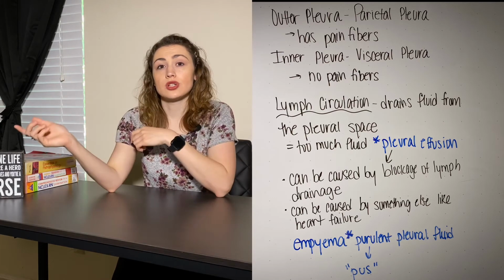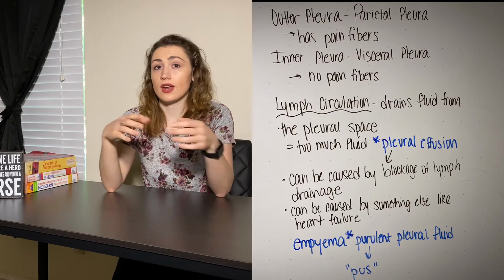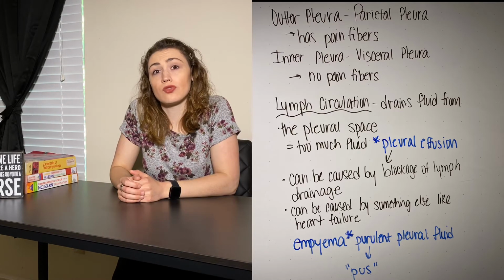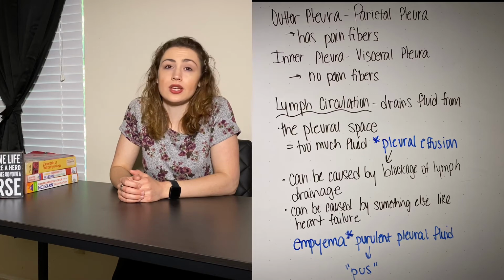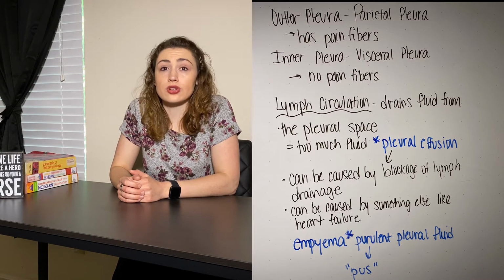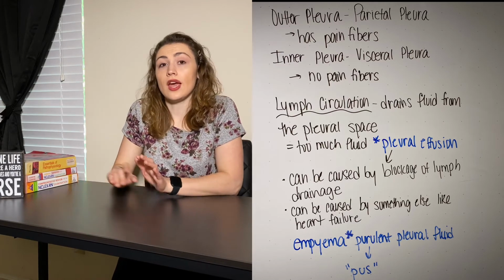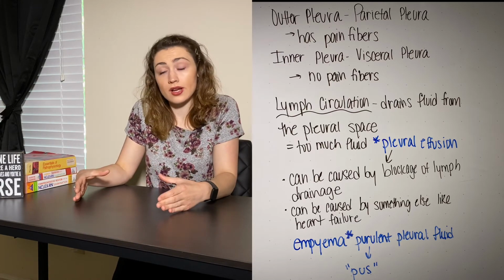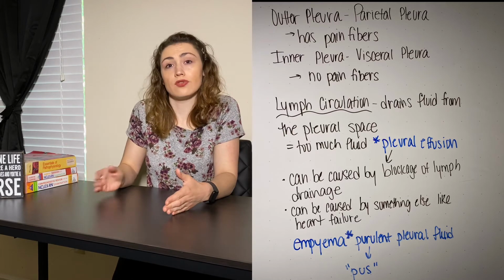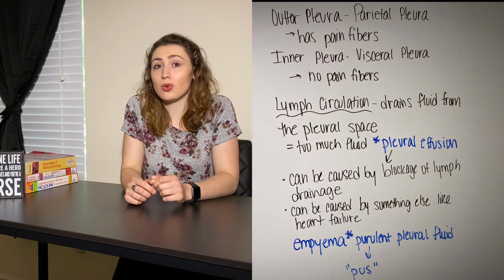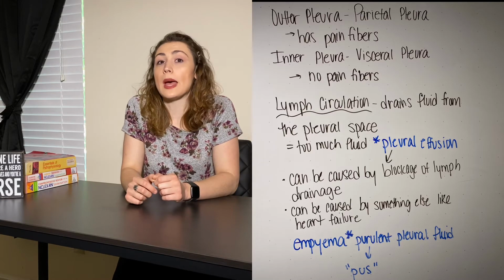Now, the lymph circulation can get obstructed at that area if there's a tumor or a mass there, and there can be too much fluid for the lymph system to drain in a condition like heart failure, where there's too much edema everywhere and we third space that fluid, and then the fluid gets into the pleura, and then there's too much fluid for the lymph system to drain out. If the pleural fluid is purulent or has pus in it, we call this empyema.